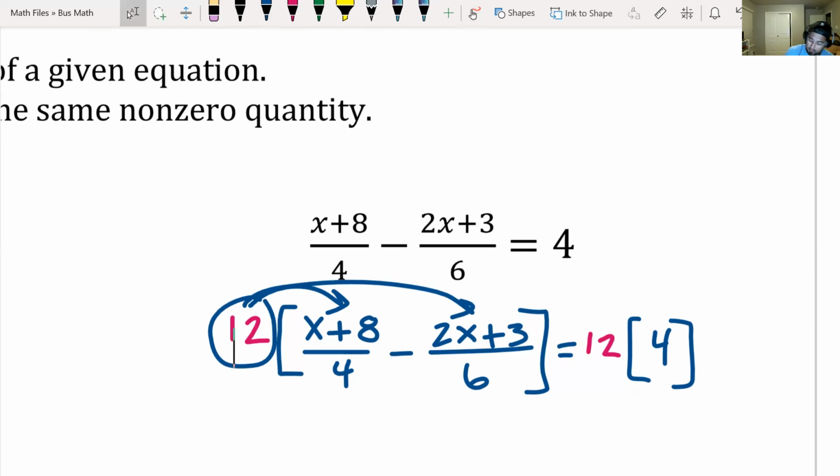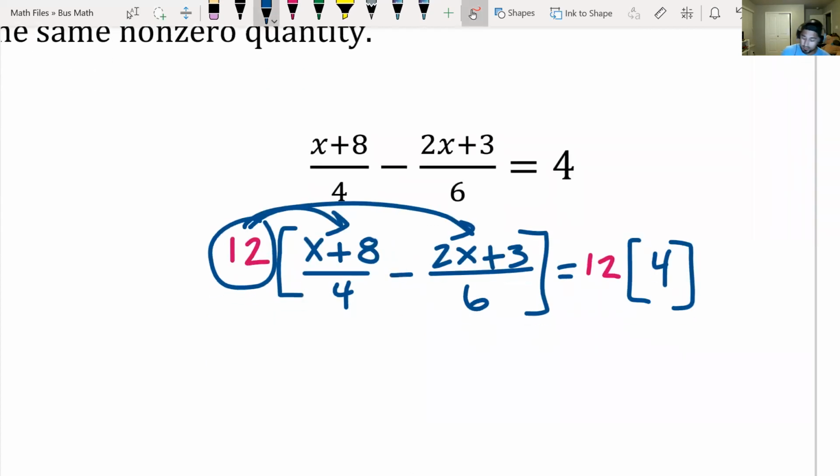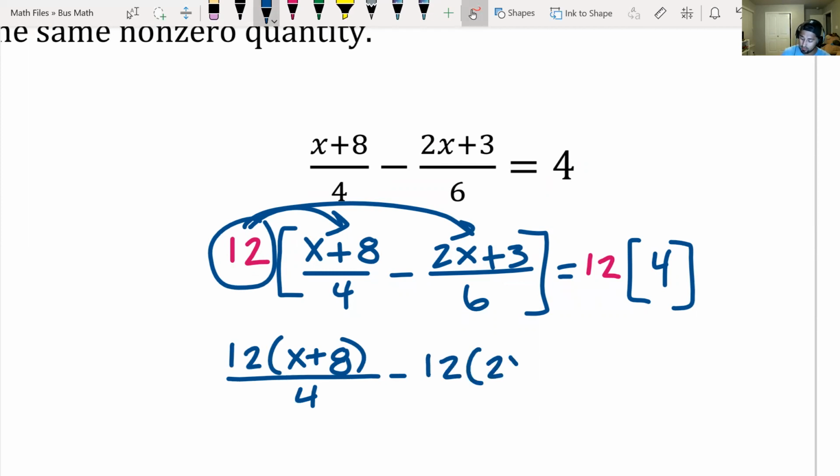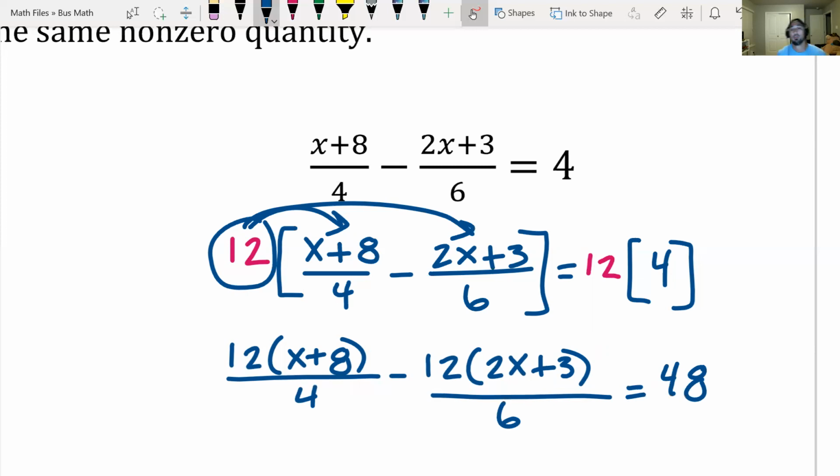Let's distribute it, and here's what we end up with: 12 times x plus 8 over 4 minus 12 times 2x plus 3 over 6 equal to 48.